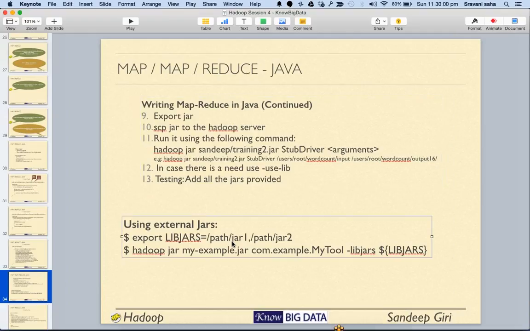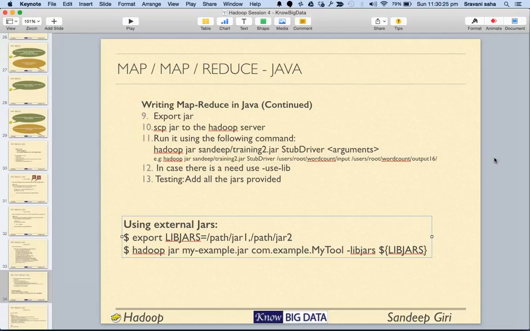Next is that in case you are using third-party libraries, okay. So Nitin's question is where my Java code will reside to run against a Hadoop cluster. So your Java code will first be on the local machine, not in the HDFS.